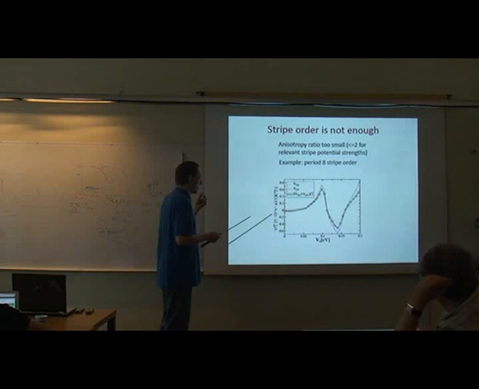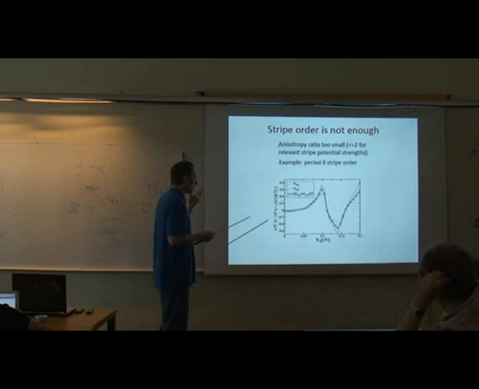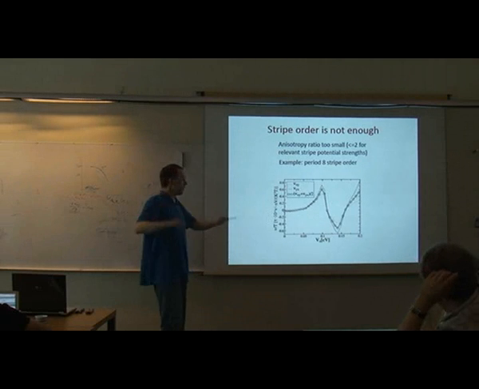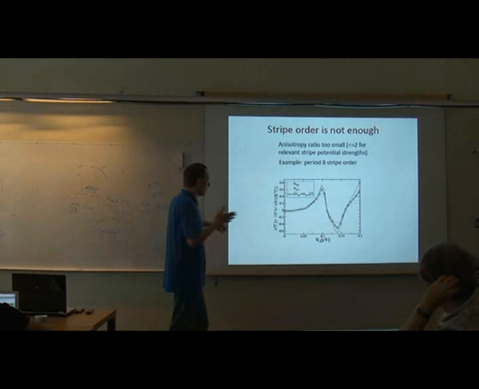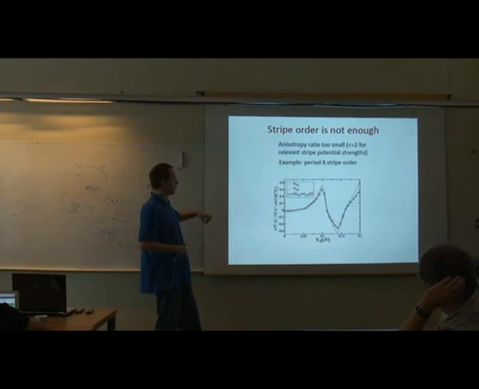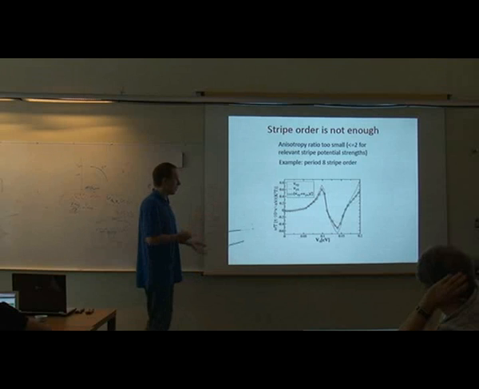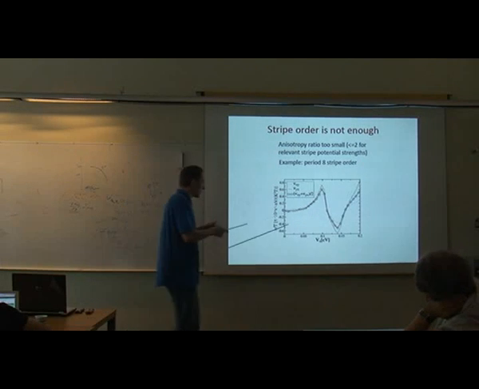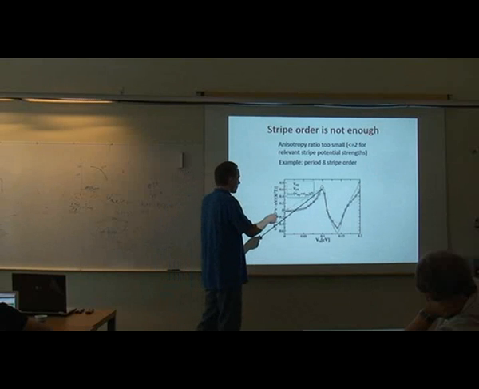Now, the first question has been, why is there no other sort of anisotropy that can explain this anisotropic signal? One thing might be stripe order, which has a preferred orientation and therefore also breaks rotational symmetry. Now I can just take my old calculations and see whether the anisotropy is that large or not. I take this typical case; all the other cases look similar in terms of the ratio of anisotropy.